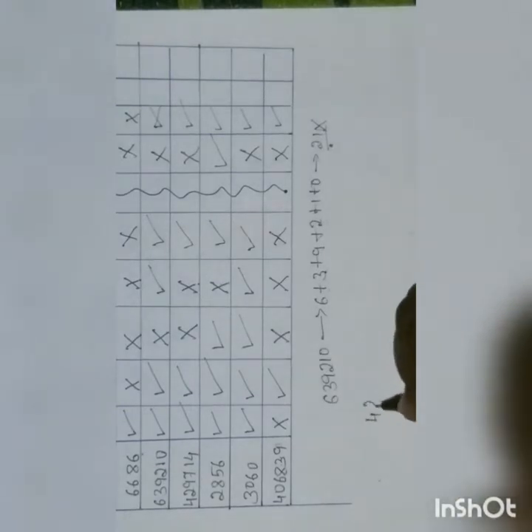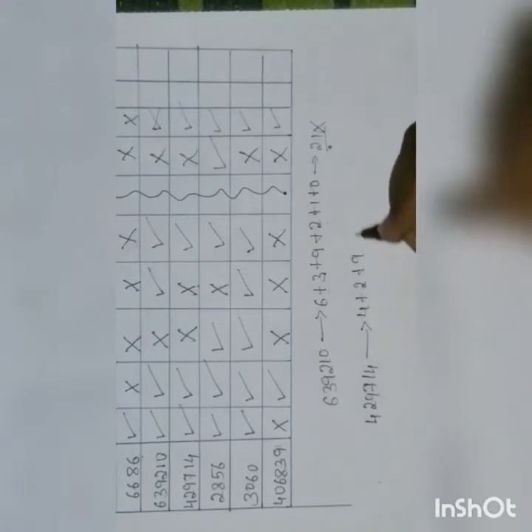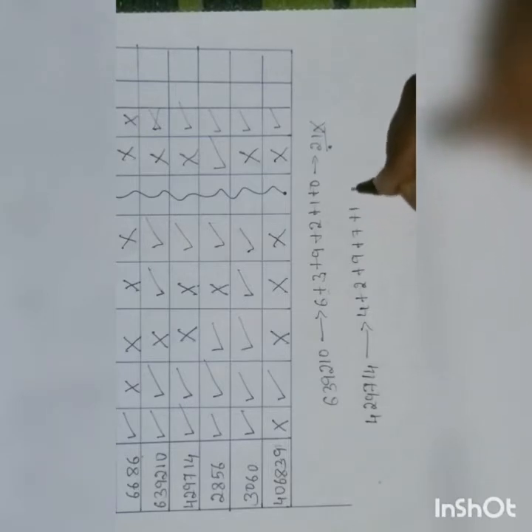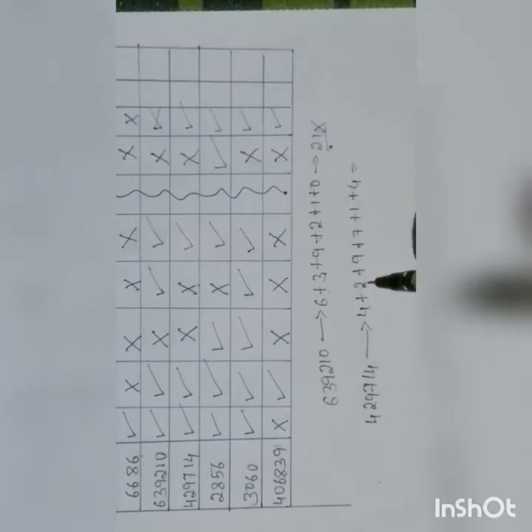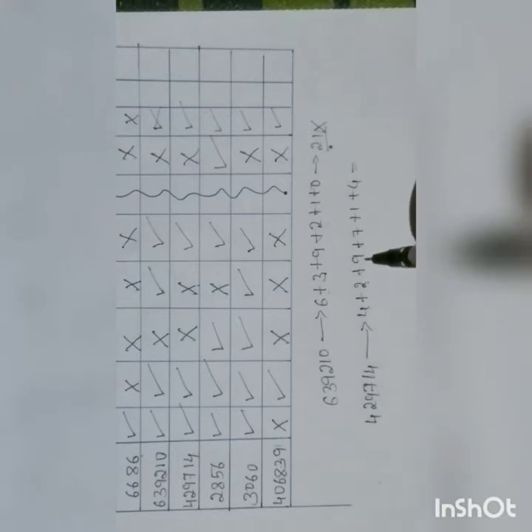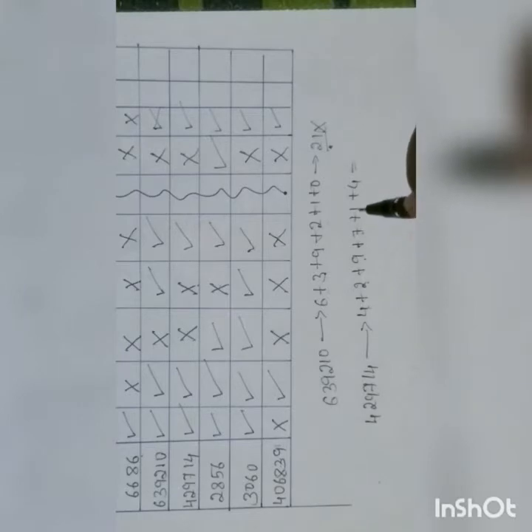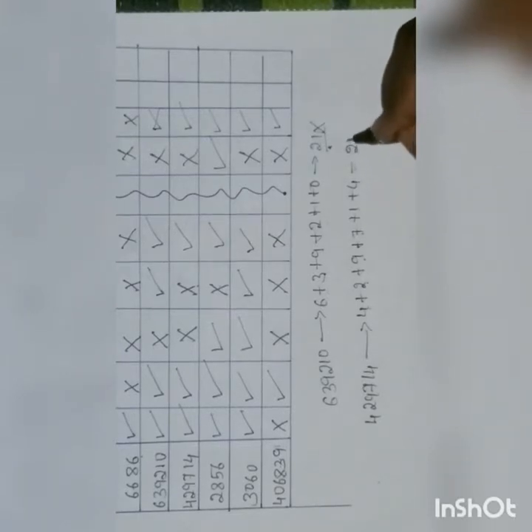Next number, 429714. First step, I'll add the digits: 4 plus 2 plus 9 plus 7 plus 1 plus 4. 4 plus 2 is 6, 6 plus 9 is 15, 15 plus 7 is 22, 22 plus 1 is 23, 23 plus 4 is 27.